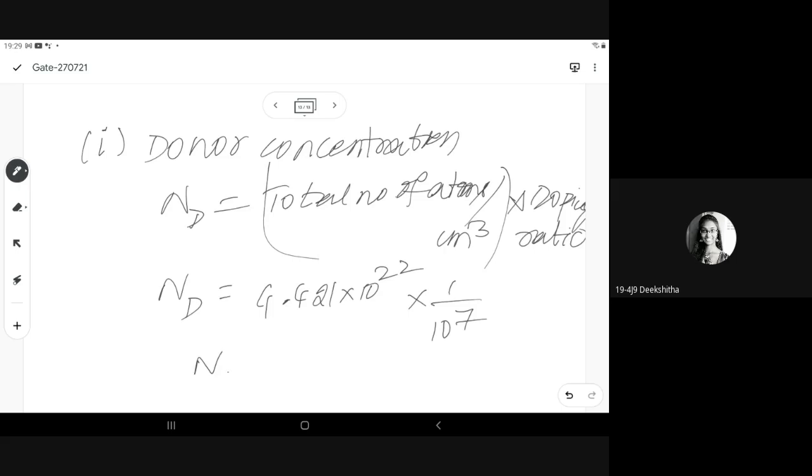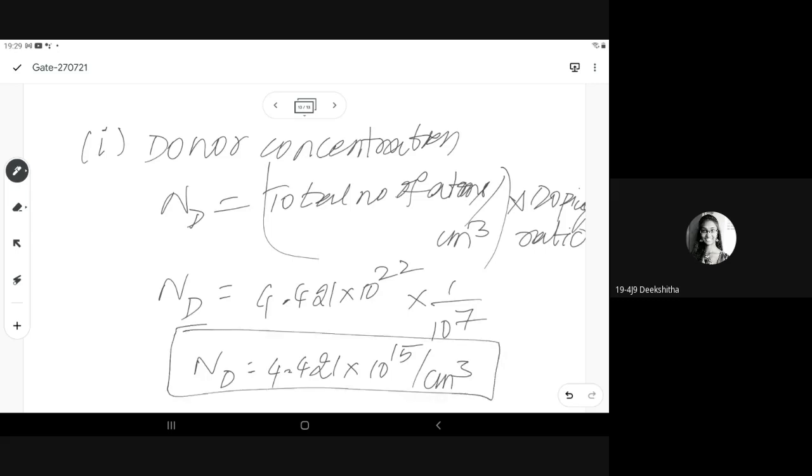If I solve, only 10 power 7 will go to the numerator and it becomes 10 power 15. So the donor concentration is 4.421 into 10 power 15 atoms per centimeter cube. I can get this easily by using the formula total number of atoms per centimeter cube into doping ratio.